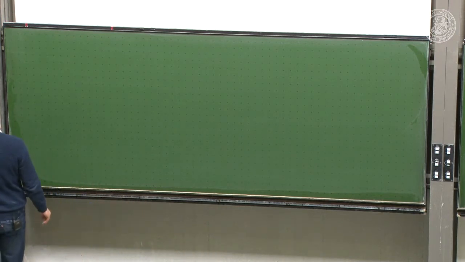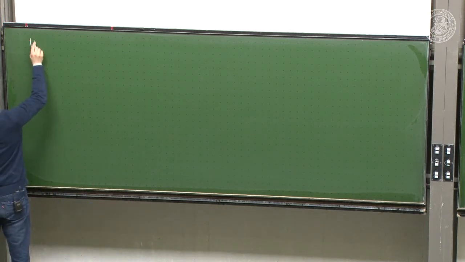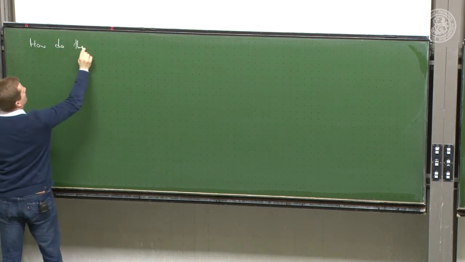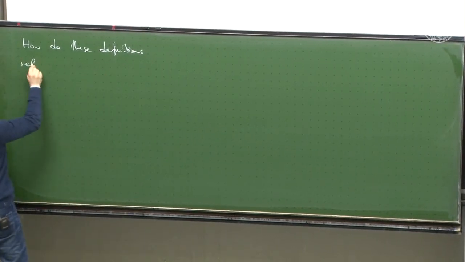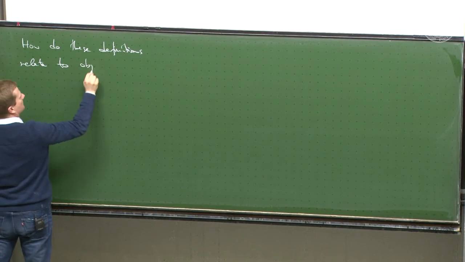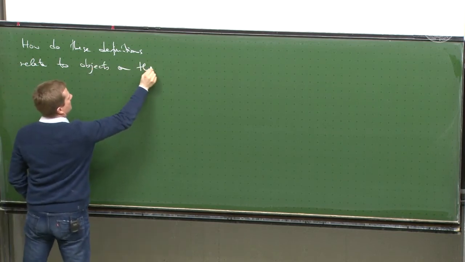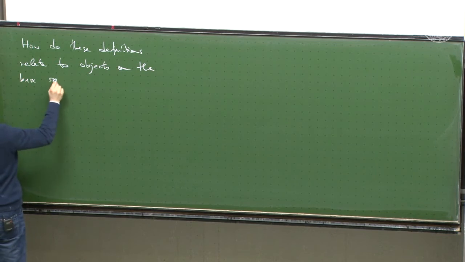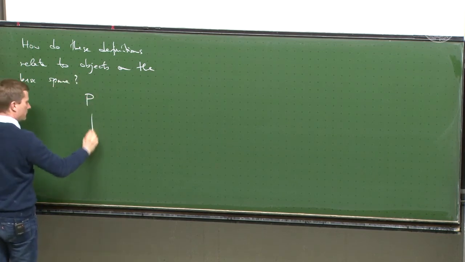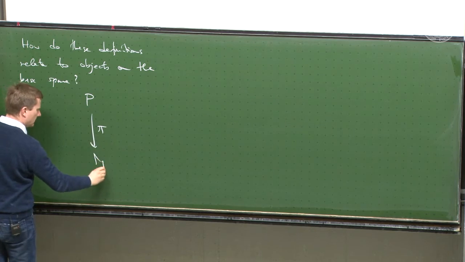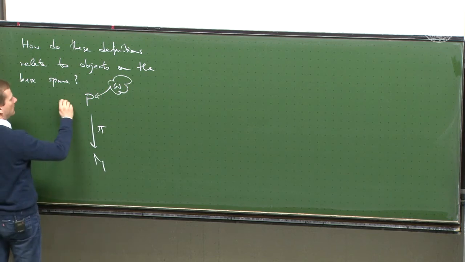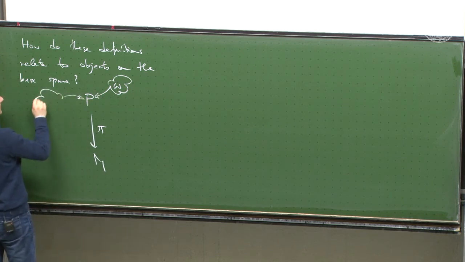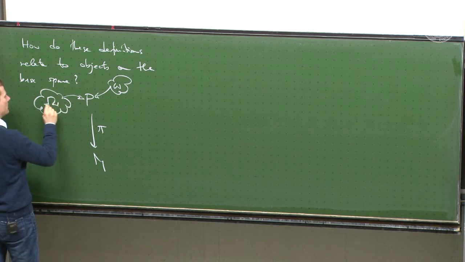Okay, so we would now like to relate this to objects on the base space. So how do these definitions relate to objects on the base space? We have here our principal G bundle on which there sits a connection 1 form, and now we have there sitting as well a curvature 2 form.